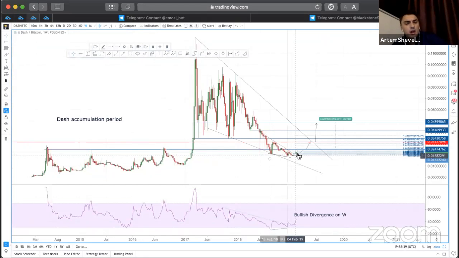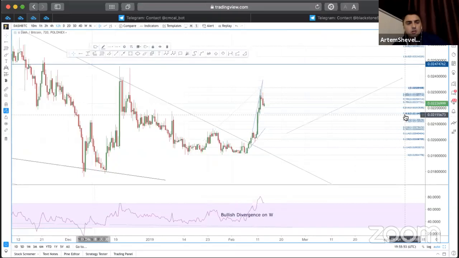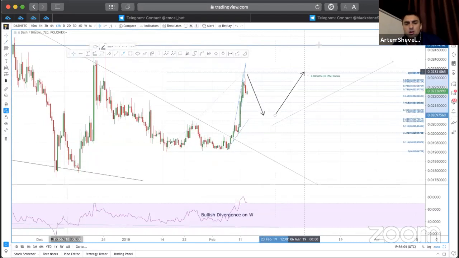I'm aiming for an entry at 0.02. Something between these levels will be good to enter, and the chart is just amazing. So I'm looking for an entry near 0.02, something here, 21, 20, and just go up, up, up.